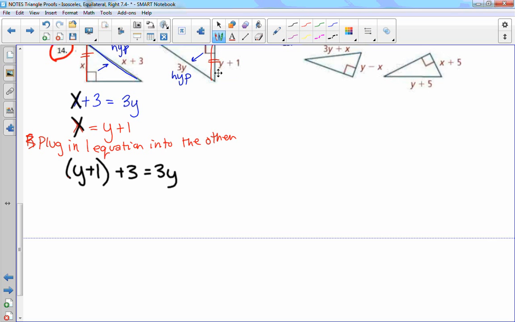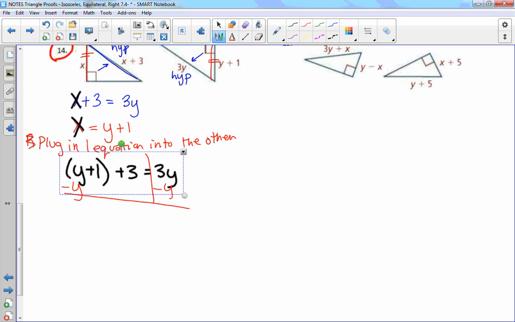Okay, so how would you start solving for y? There's nothing being multiplied, so we don't distribute. Well, if you minus 3, it comes over to the y side. I want to get all my y's together, so I want to subtract y over there. You want to move the smaller y, that way everything stays positive.